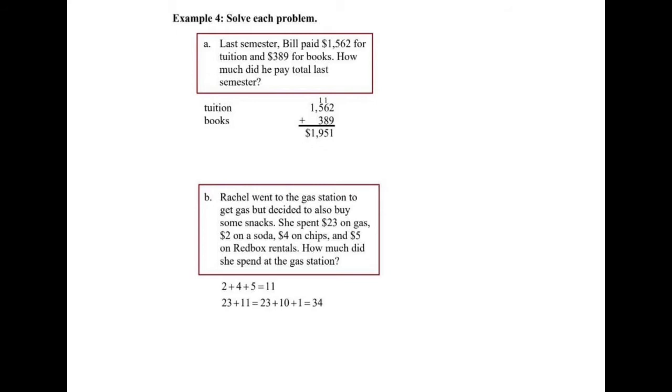Because it asked how much did he pay total, that's our hint that we're going to add. That is our plan. We're going to add those 2 together and get our answer. You can see that's what they did anyway. Here's your tuition. We're adding. Here's our books. That's their total.